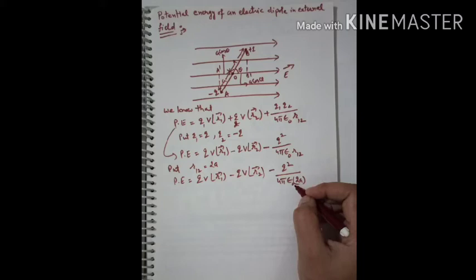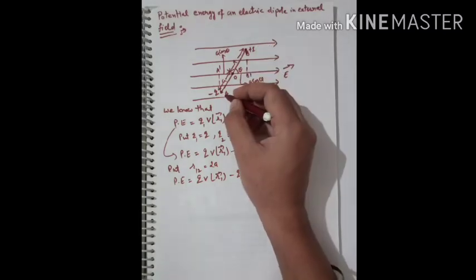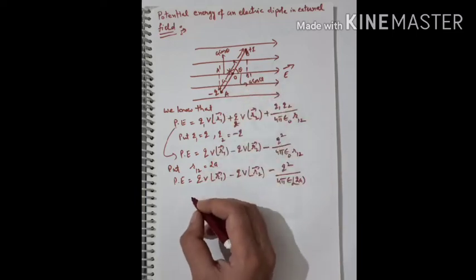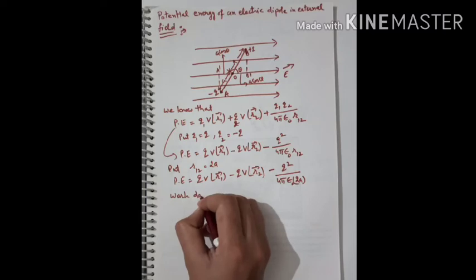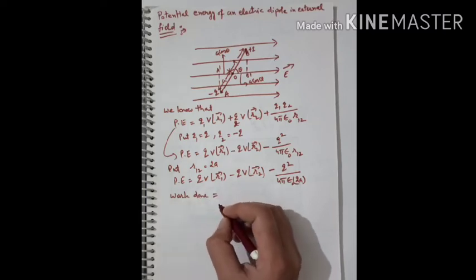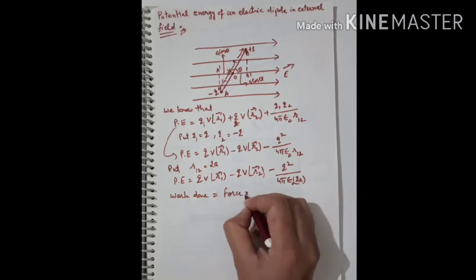We know that the potential energy between two locations is equal to the work done in bringing the unit positive charge from location R2 to R1. So work done is equal to force into displacement.